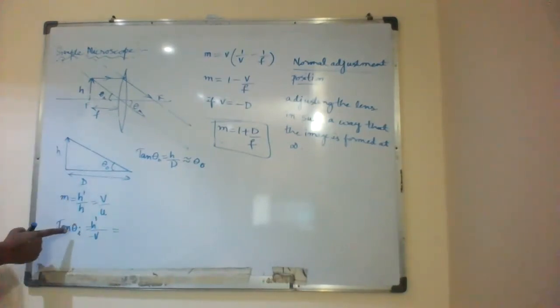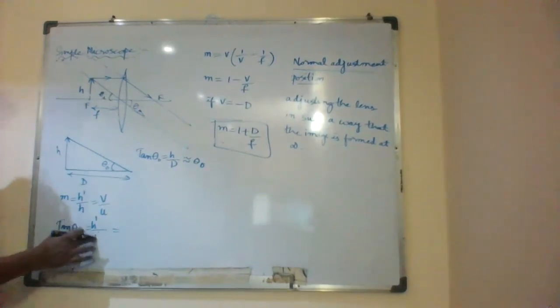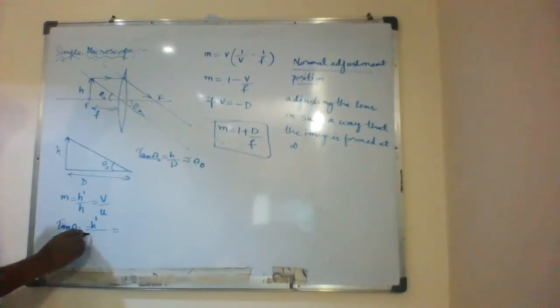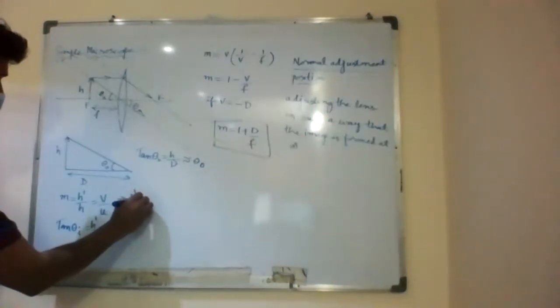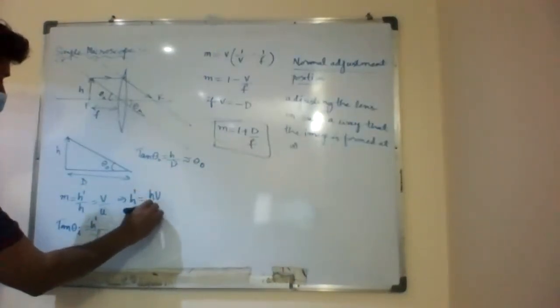Opposite over adjacent should be f, right? Here it should be f. So what is h dash here? H dash is equal to h into v by u.